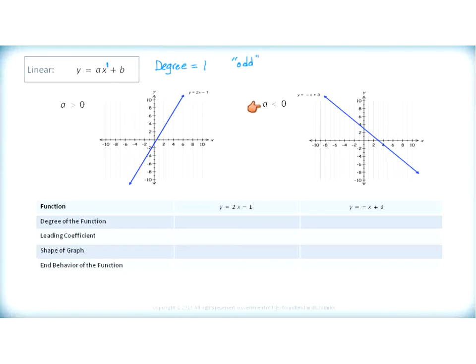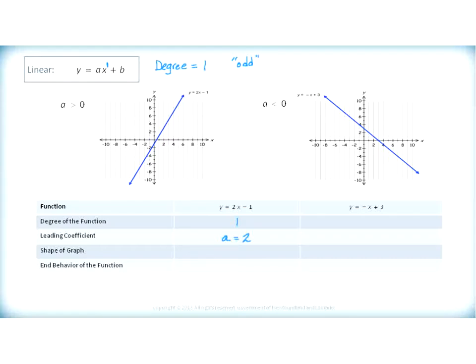And when a is less than 0, the linear function has the graph of a line slanting upward to the left. Let's look at the two examples. In the first function, we have y equals 2x minus 1. The degree of the function is the highest power of x. So x to the power of 1 is the degree of the function. The leading coefficient is a equals 2, which is the coefficient of your linear term.